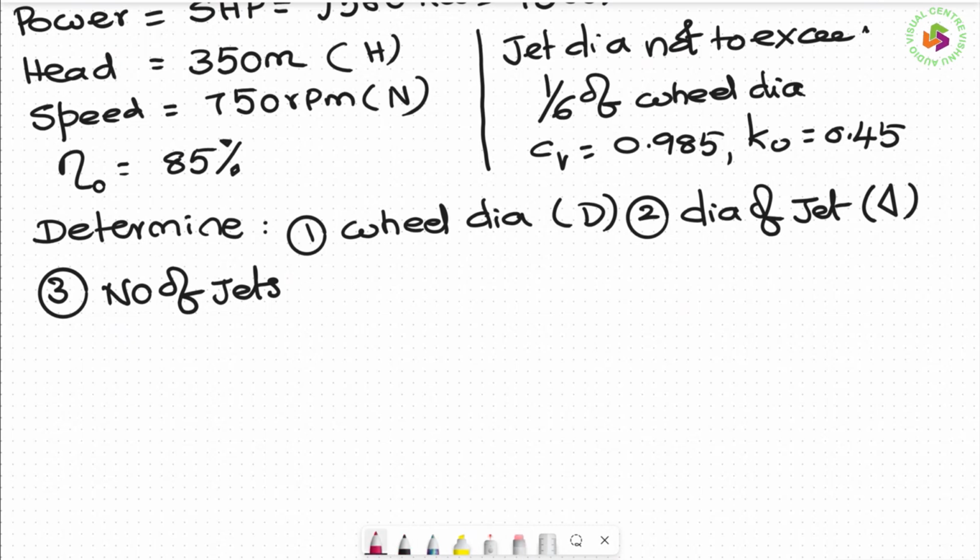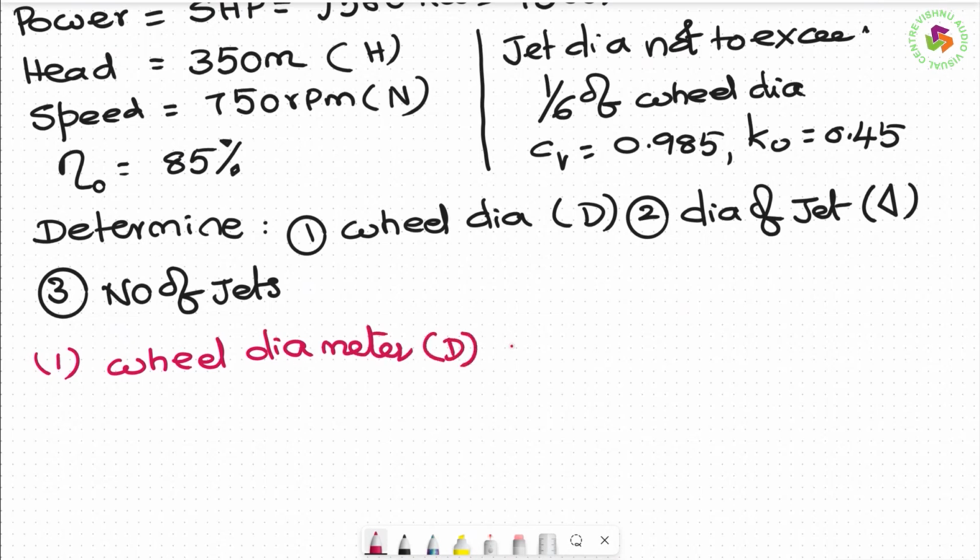Let us see how to do it. First, the wheel diameter he is asking. Wheel diameter D is equal to 60 U by pi N, because U is equal to pi D N by 60.